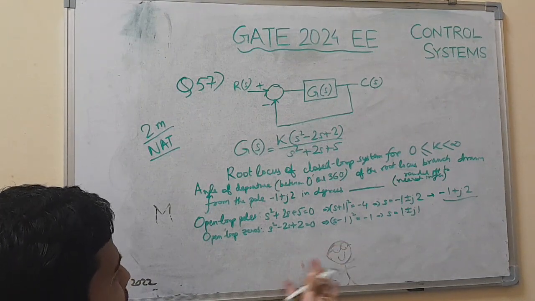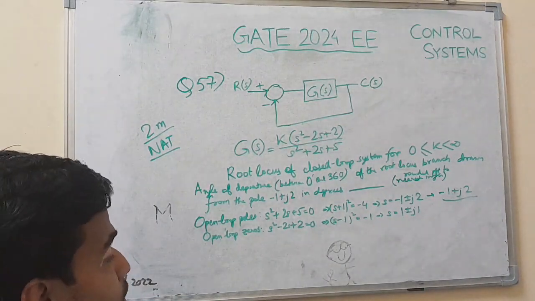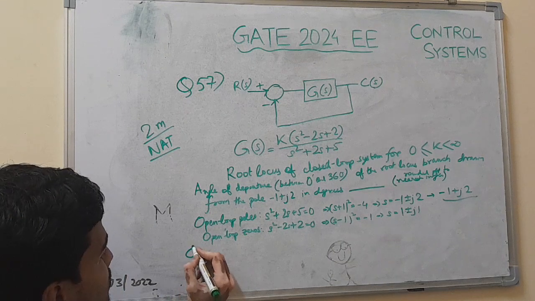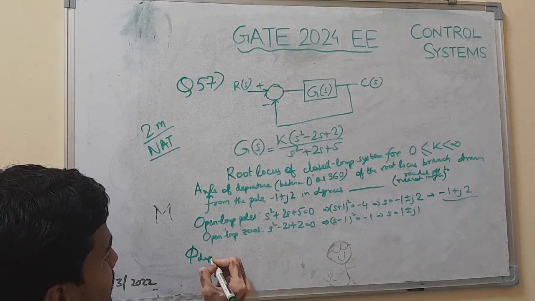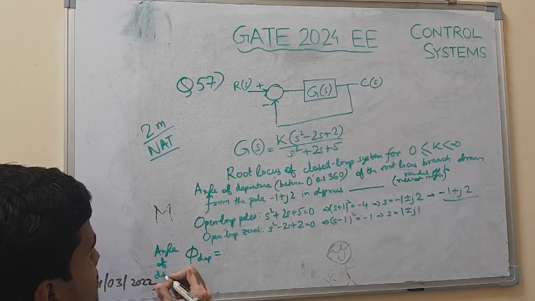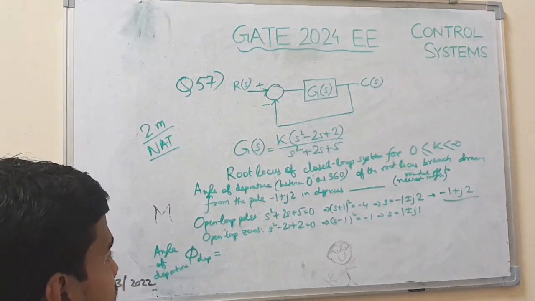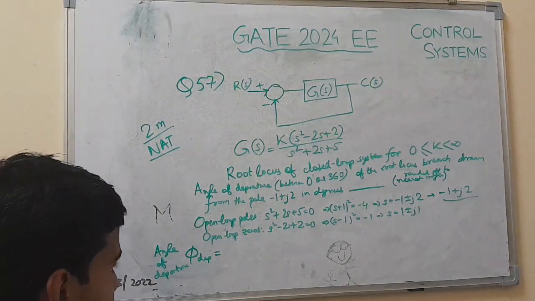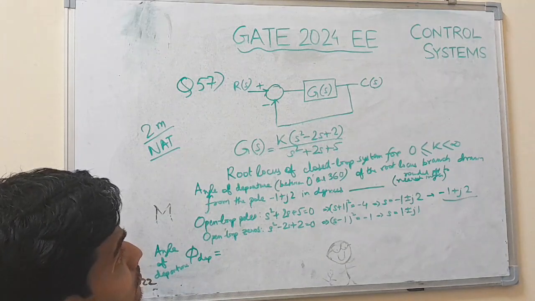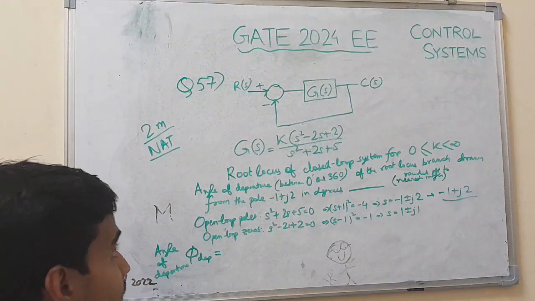Now we have a very commonly known and popular formula for the angle of departure. The angle of departure at any pole is given by 180 degree minus the contribution from other poles and zeros.